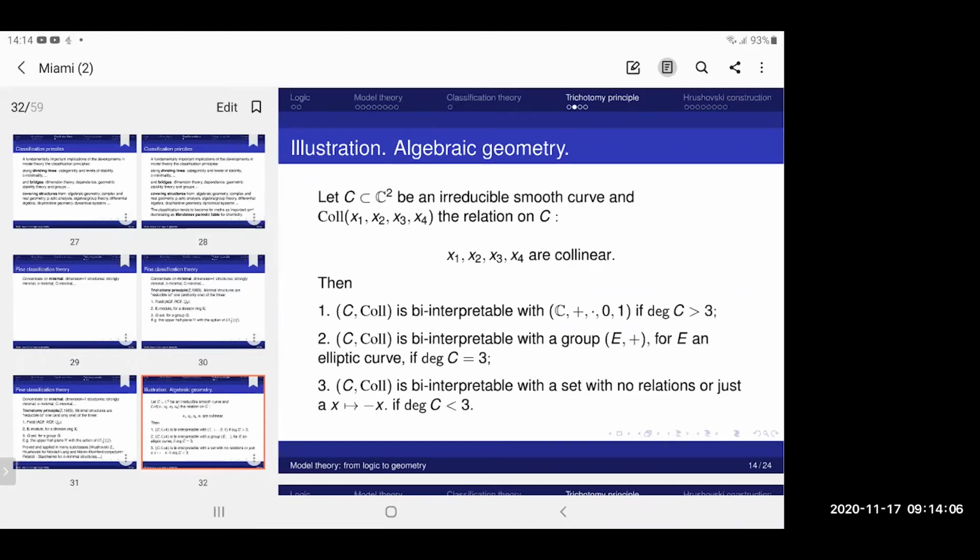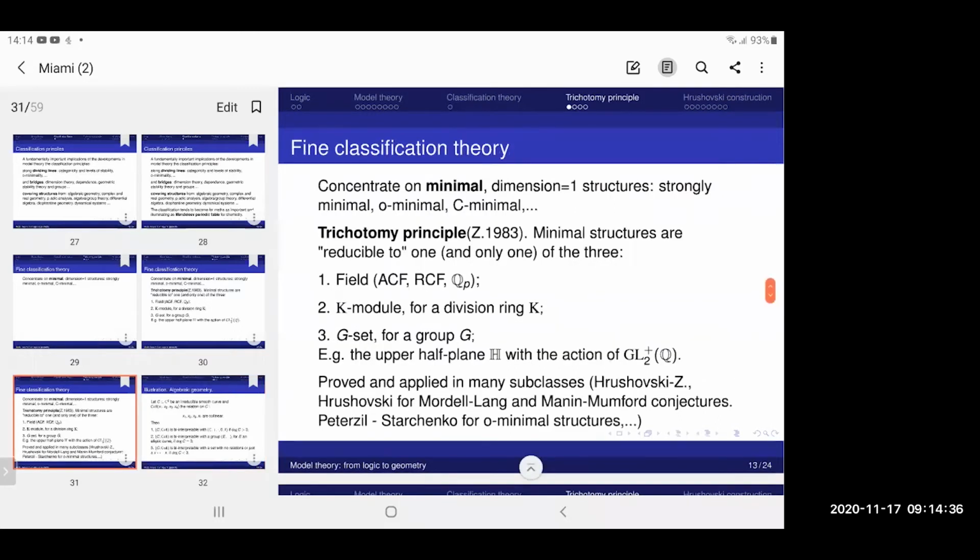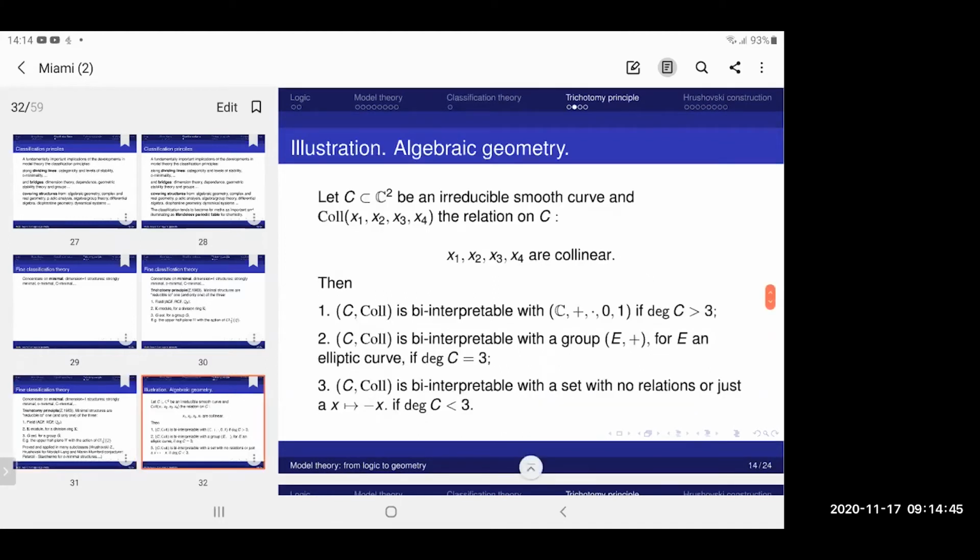And so we have here a situation of trichotomy that you see in the slide. The first case is exactly the case when our structure interprets the field, an algebraically closed field in this case, of course. The second case corresponds to a module.